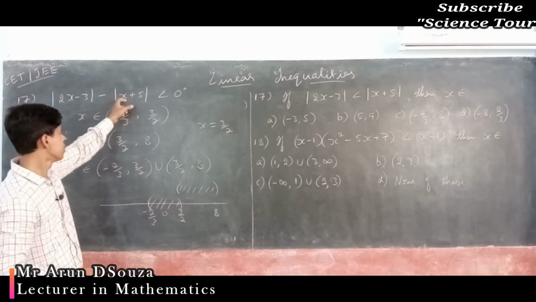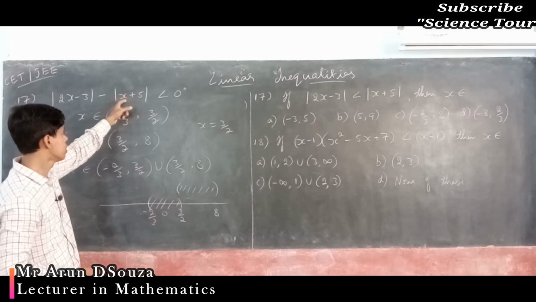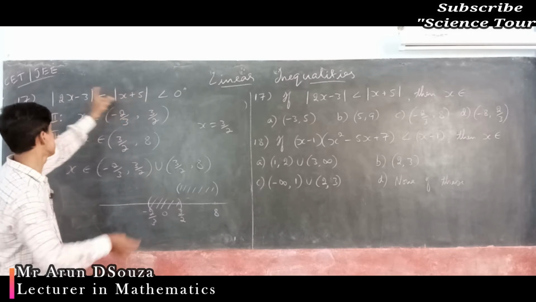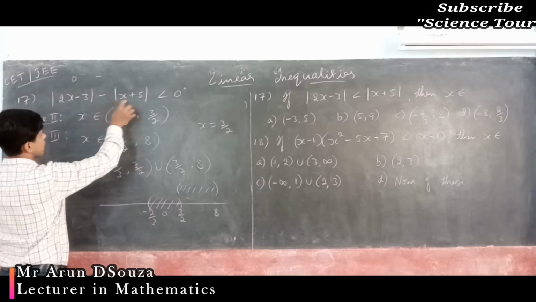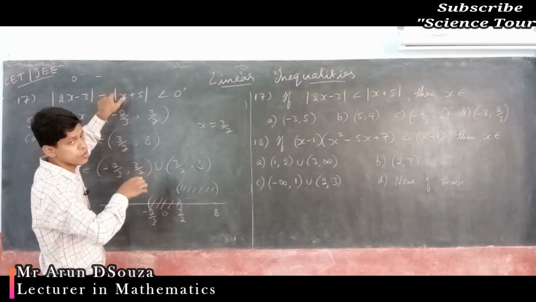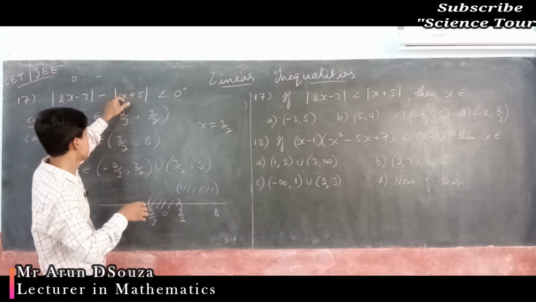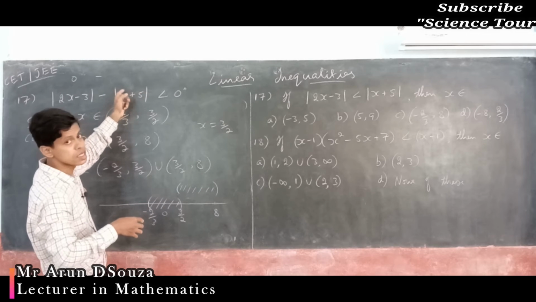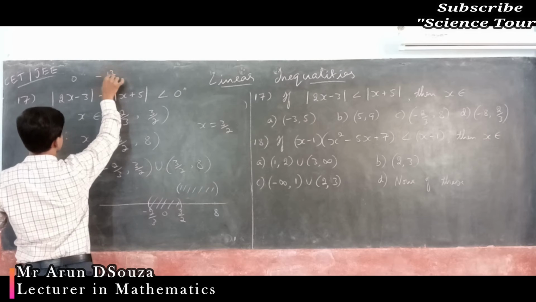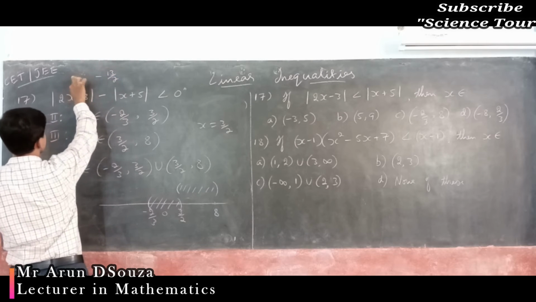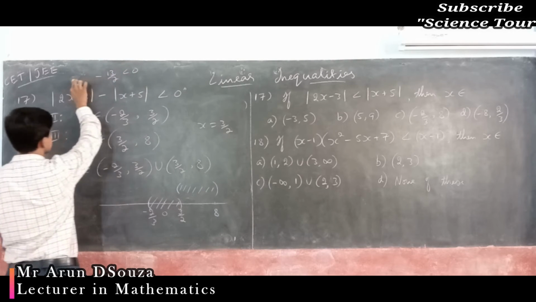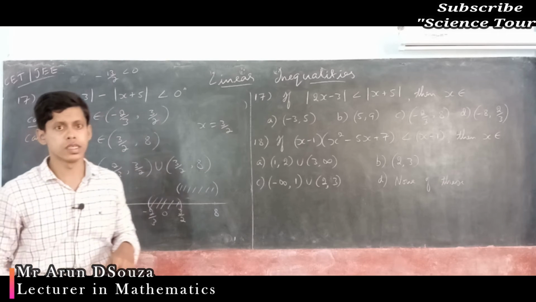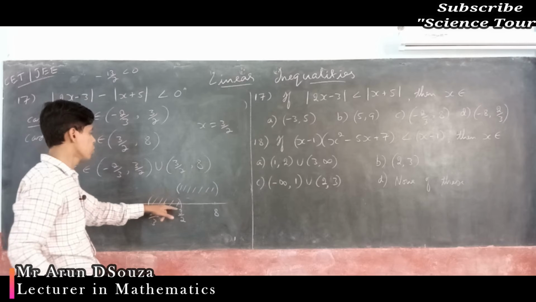And if you put 3 by 2 here, 3 by 2 plus 5, see this is becoming 0, and 3 by 2 plus 5, LCM is 2, this will be 10, 10 plus 3, 13 by 2. So this will be 13 by 2. So that will be minus 13 by 2. Is it less than 0? Yes, obviously. So at 3 by 2 also it satisfies.